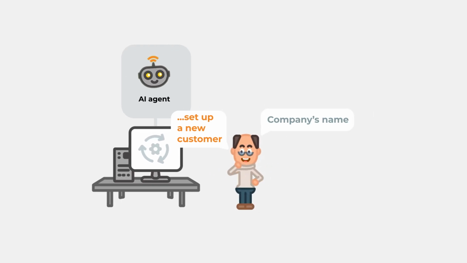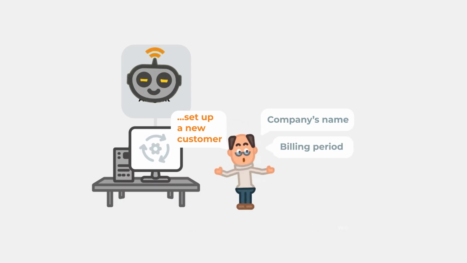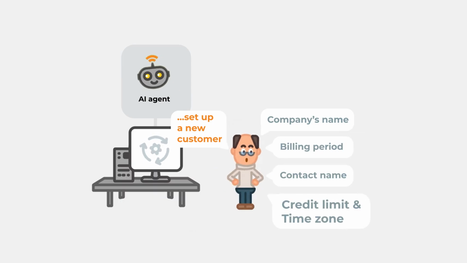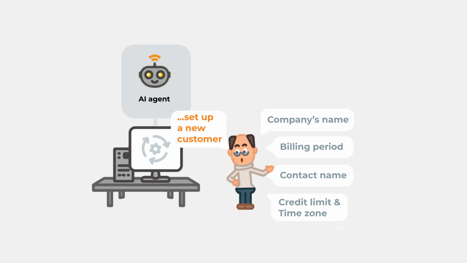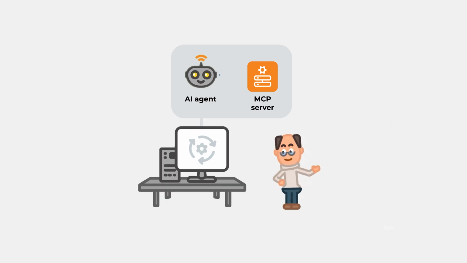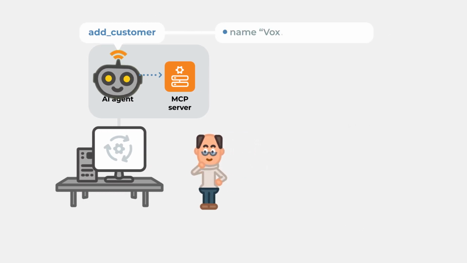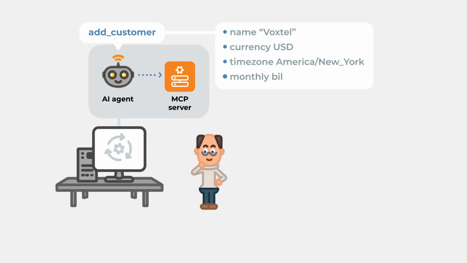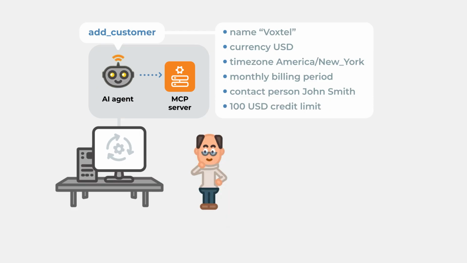I provided the company's name, billing period, contact name, credit limit, and the time zone, which is the information needed to onboard a new customer properly. Once it had that data, the AI agent called the MCP server with something like add customer with name Voxtel, currency USD, time zone America, New York, monthly billing period, contact person John Smith, and a credit limit of $100.